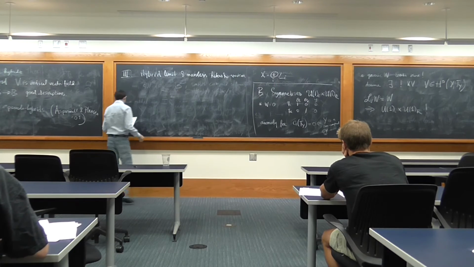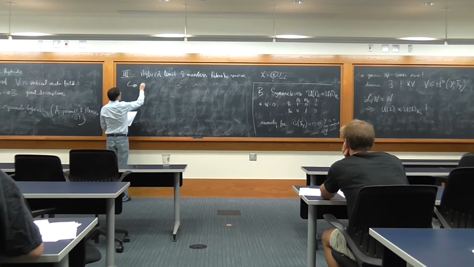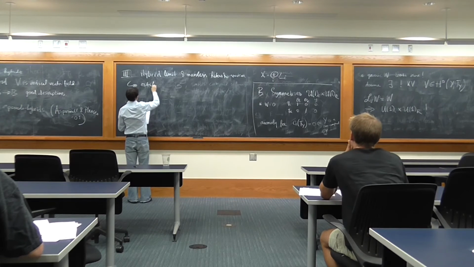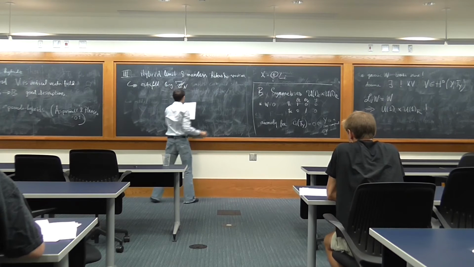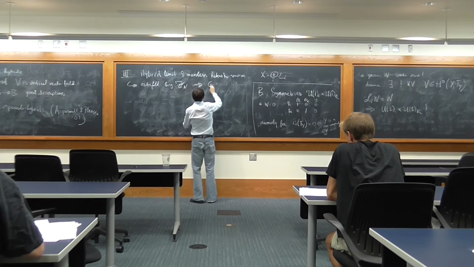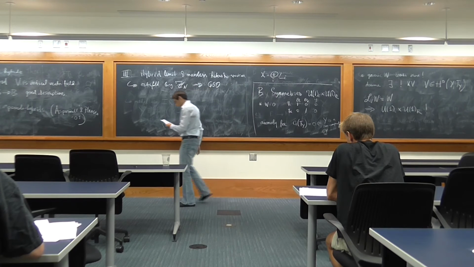So now what we're thinking about is that, first of all, we do our orbifold by Z_n, as we did in the Landau-Ginzburg case, to obtain a nice GSO projection.